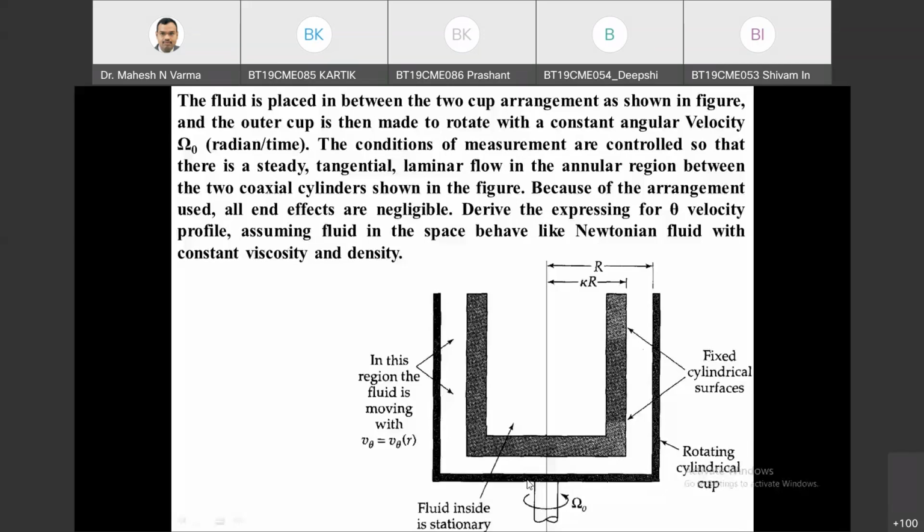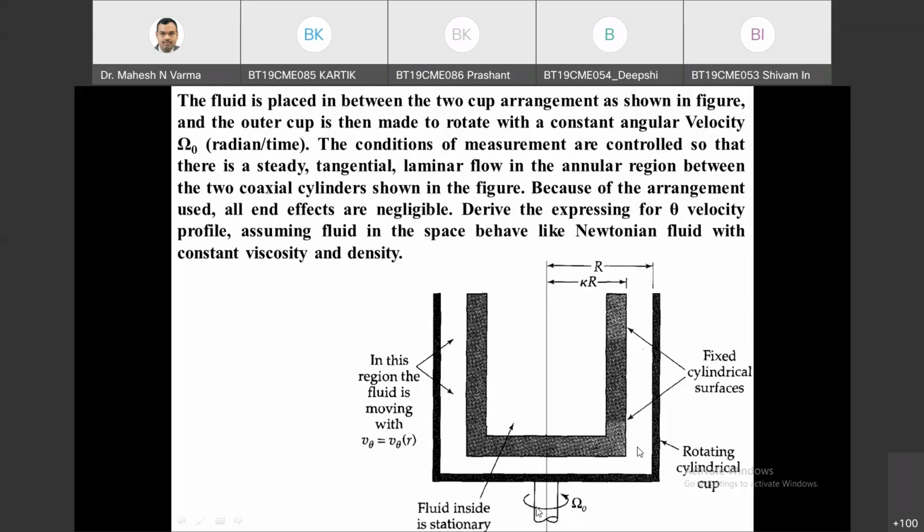So this is the outer cup; it is not rectangular, it is a cylindrical cup, front view. This is the two cup arrangement, and this is the inner cylinder and this is the outer cylinder.